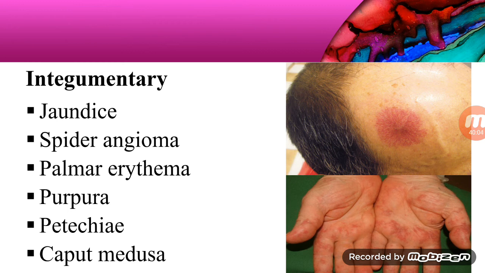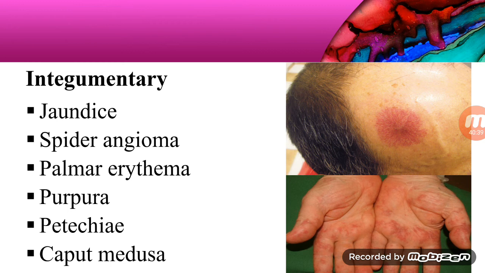It can be due to injury, sun exposure, hormonal changes, or liver disease. Just like a spider, in the center there will be a blood clot-like red spot, and from there many branches extend. Okay, that is spider angioma.